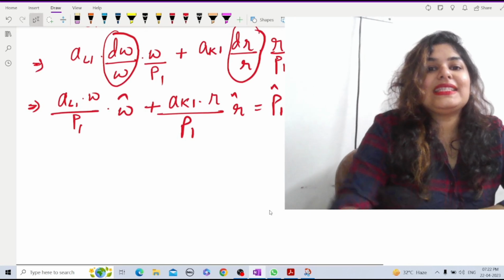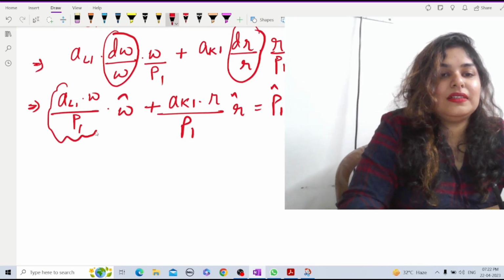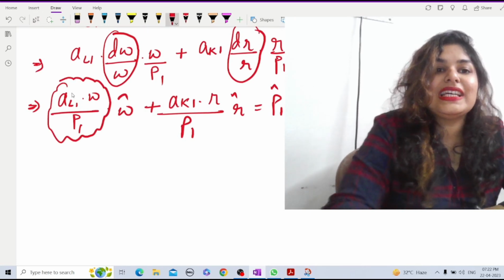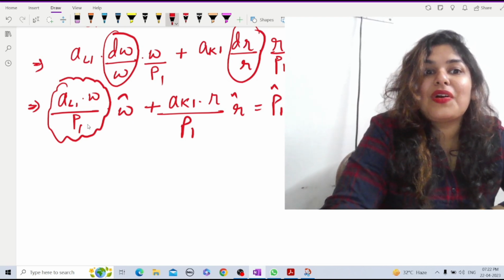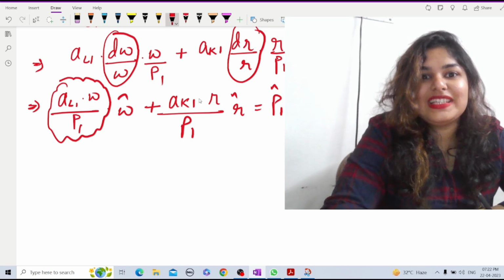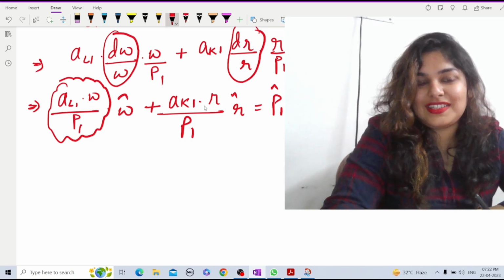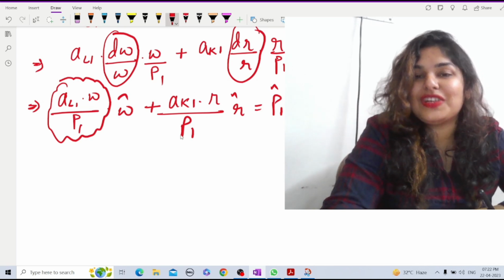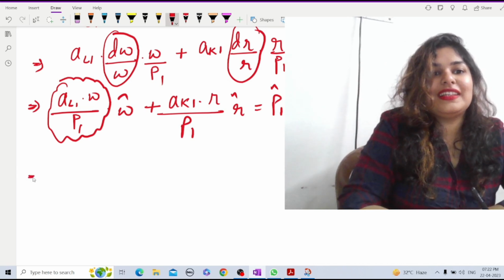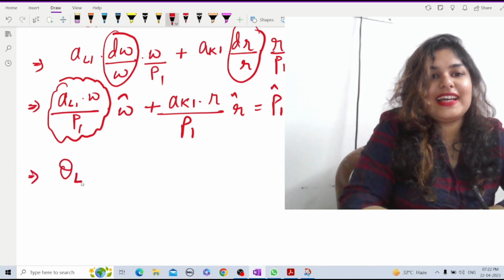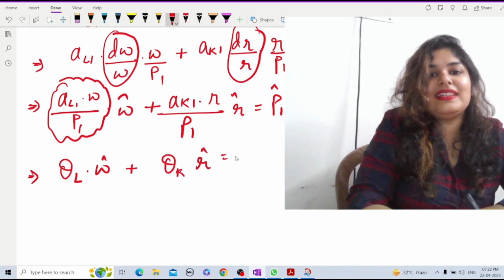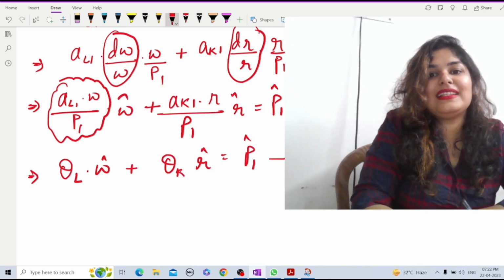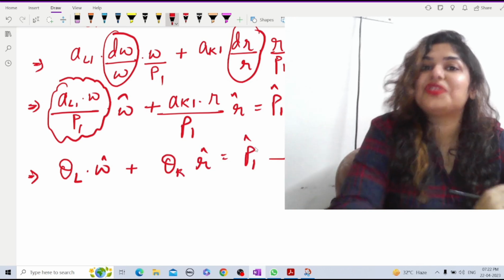Now let us denote this as the share of labor in the price of the first commodity, share of rent in the price of the first commodity, with theta. Let's say this is theta L into W hat plus theta K into R hat is equal to P1 hat, and we say this is our equation 3.